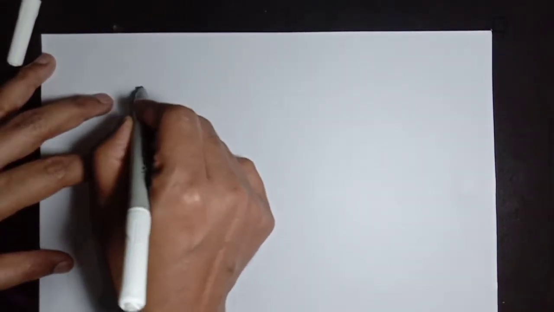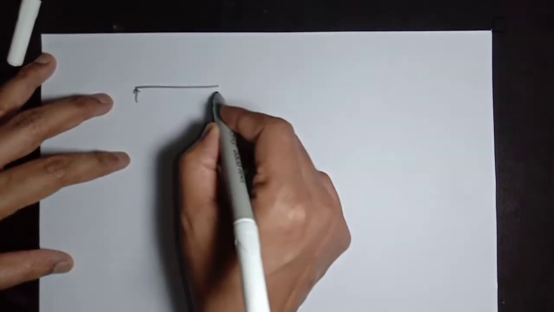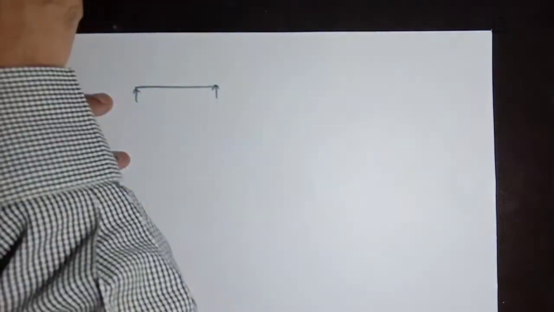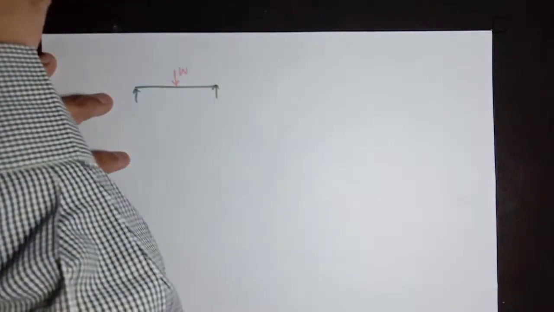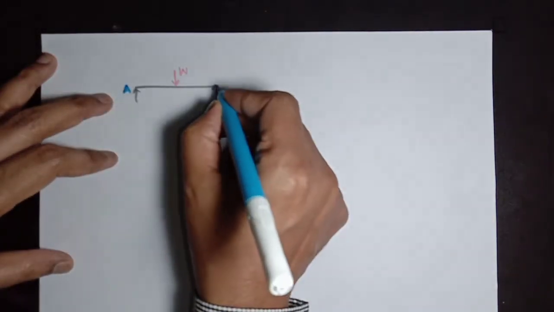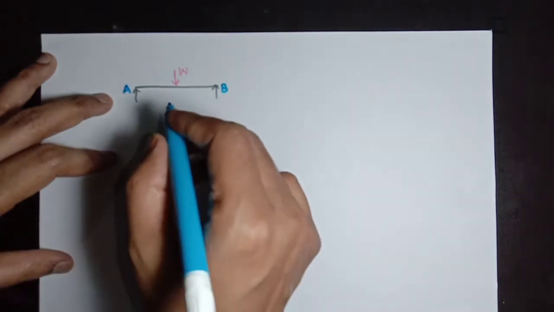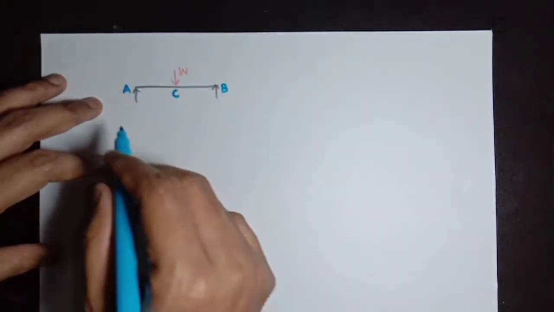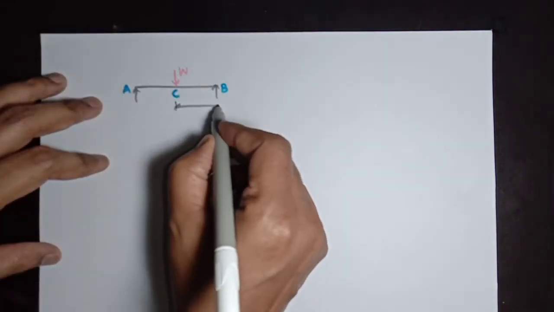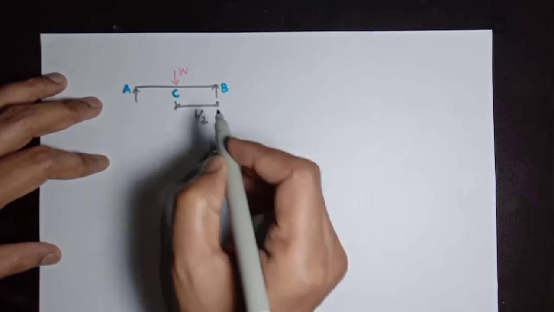This is the real beam. Real beam is subjected with a point load W at center of this beam, and this support is A, this support is B, and center of this beam is designated with C, and load is acting at half of the distance.